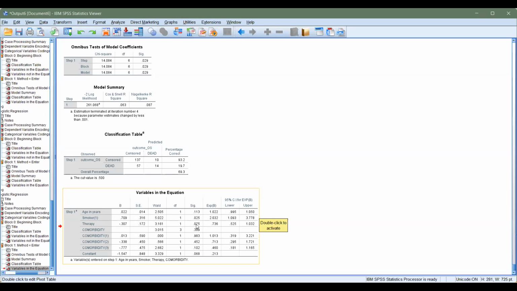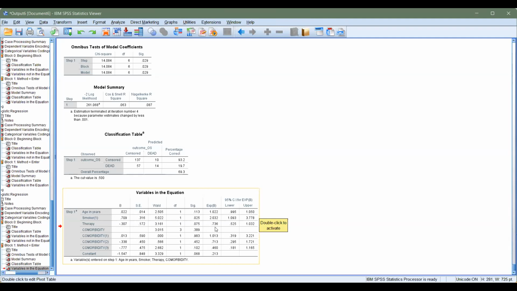Now therapy. Because the odds ratio is less than 1, it is protective. If somebody is getting any kind of therapy, the death rate is less. You have to interpret through 1 minus odds ratio.